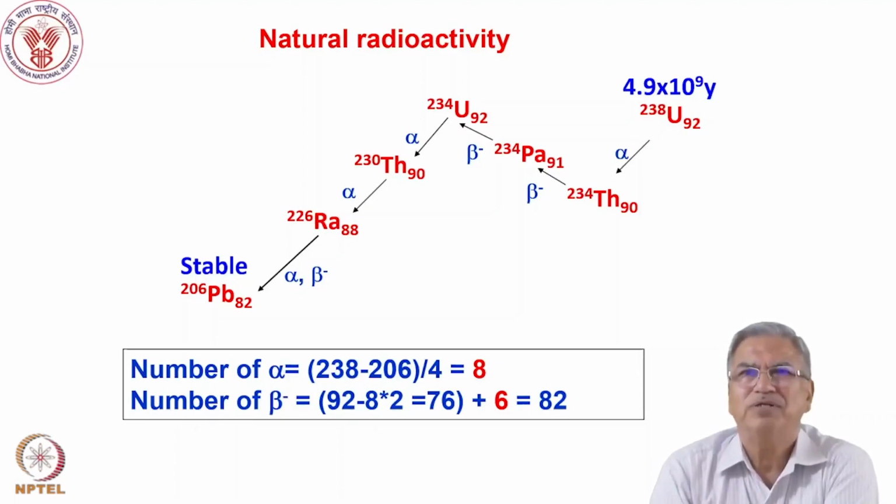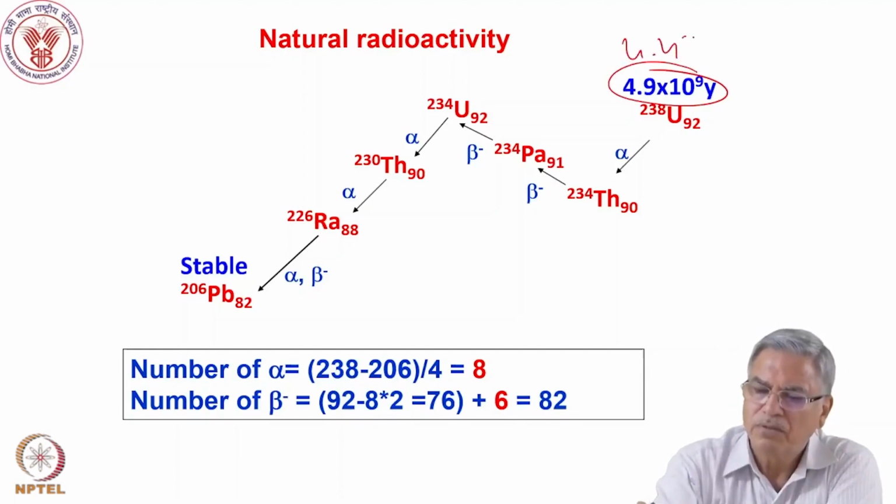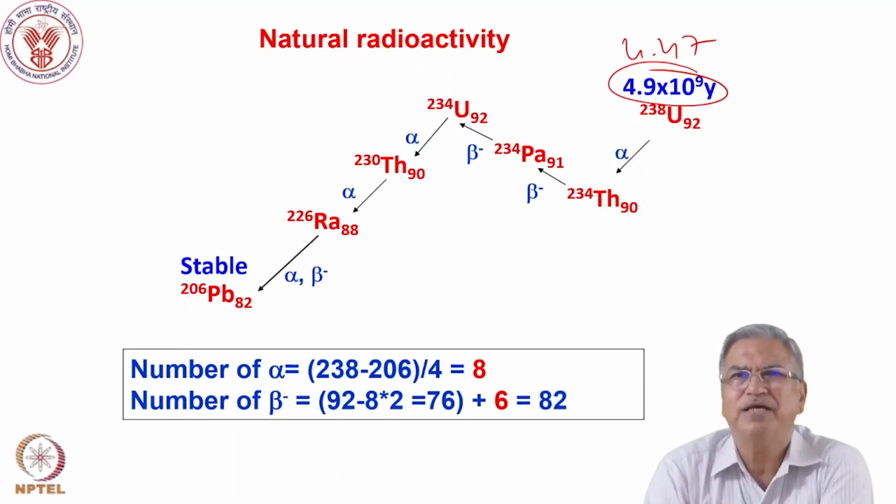For example, uranium-238 has a half-life of 4.47 billion years, and it undergoes alpha decay to thorium-234. Now you can use the group displacement law to determine the daughter product, proton number, neutron number, and so on.